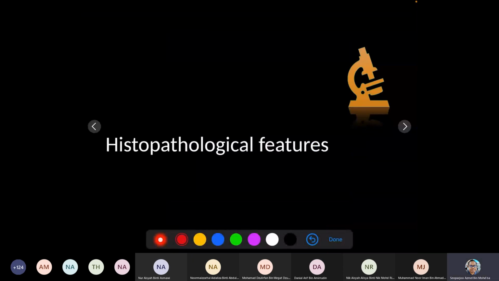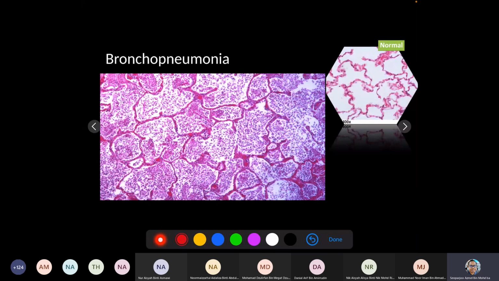Okay, next are the histopathological features of the lobar pneumonia. Broncho and so lobar pneumonia. So you compare, the smaller one is the normal one, the normal alveolar spaces or normal section from the lungs, and this one is the bronchopneumonia section.